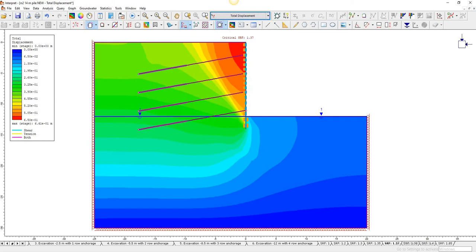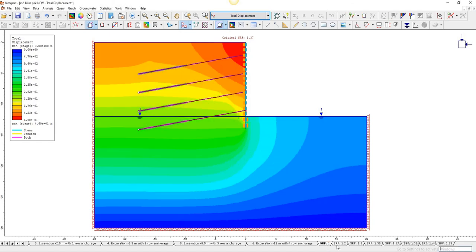Okay, so basically the displacement at any stage of the SRF is the displacement that you will see if we reduce the strength of the soil, or the strength of the material, by the SRF factor.